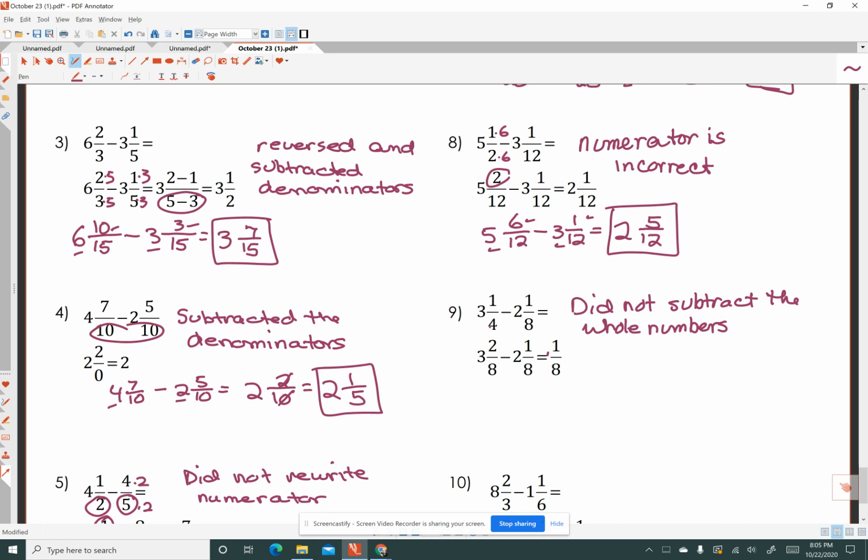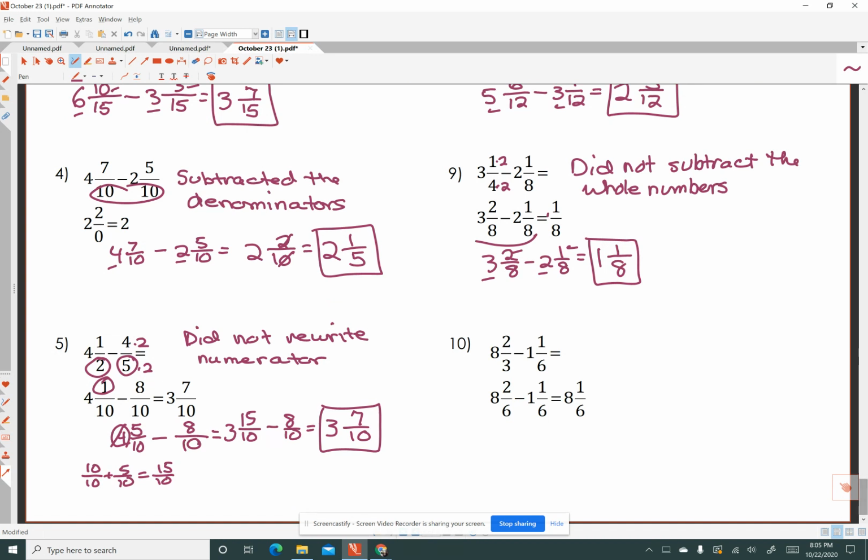And it should be 3 2/8 because 4 times 2 is 8, 1 times 2 is 2. So this part is correct. We'll rewrite that. 3 2/8 minus 2 1/8. Now let's do our subtraction correctly. 3 minus 2 is 1. We're working in eighths. And 2 minus 1 is 1, which will give us an answer of 1 1/8.